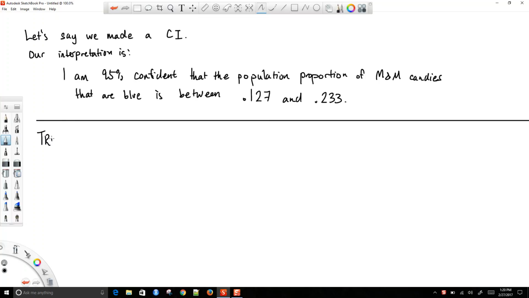Here's your clicker question. True, false. By the way, this top part is true.